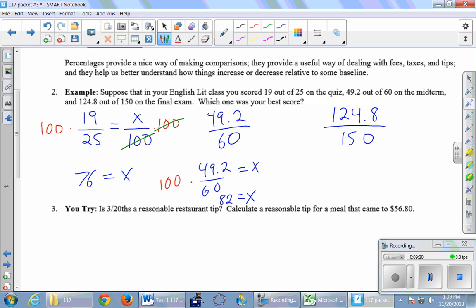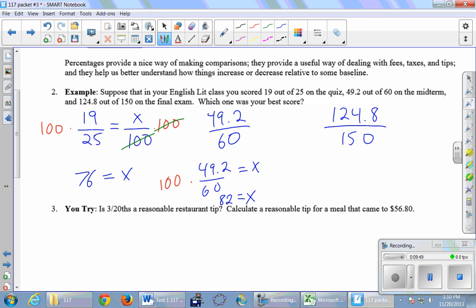Yeah, and so I want to put out there that lots of you have experience with percentages and fractions, and if you've got techniques that work for these problems, continue to use them. I'm not saying you have to do it this way. What I'm trying to do is provide some standard, general way to do it, but if you've got something that works, keep doing it. Okay, so 82, that's better than 76. I couldn't tell that 49.2 out of 60 was better than 19 out of 25, but now it's like comparing apples to apples, and I can tell.